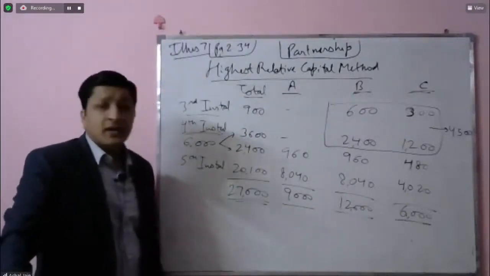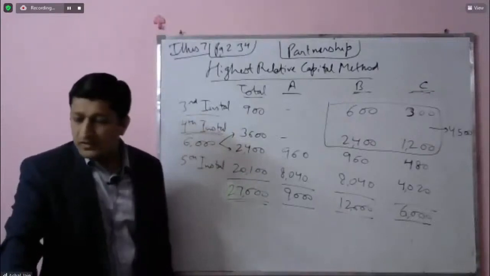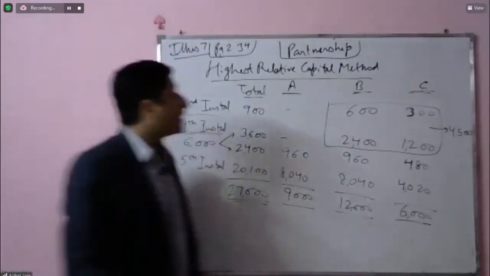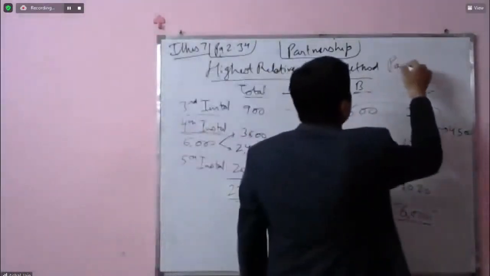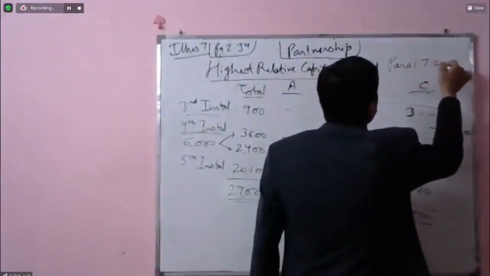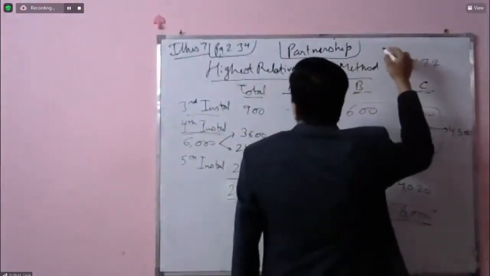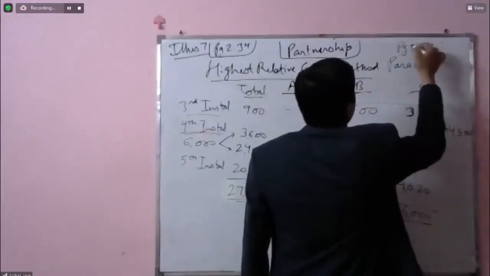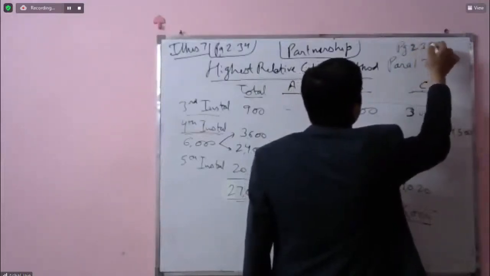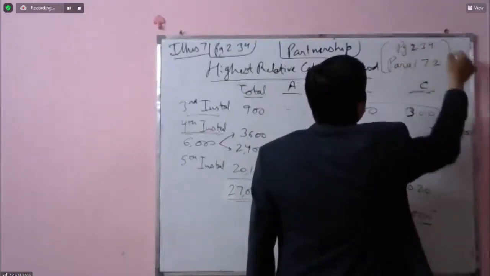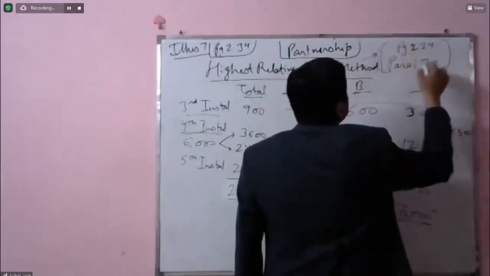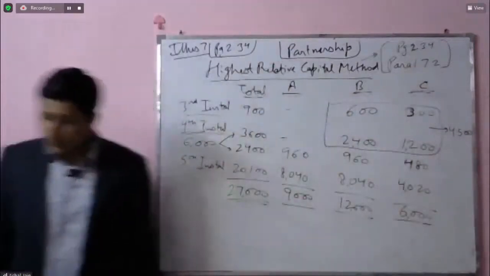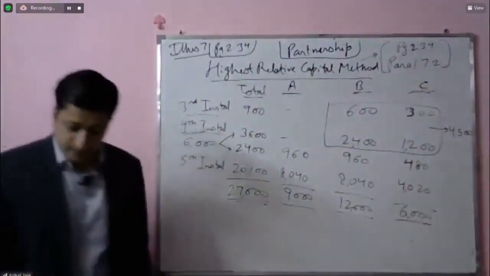If you want to look at notes around this method, you can refer to this para number 1.7.2 on page number 2.34. You can mark this para for the purposes of your notes.